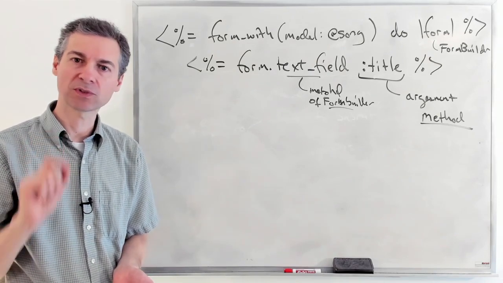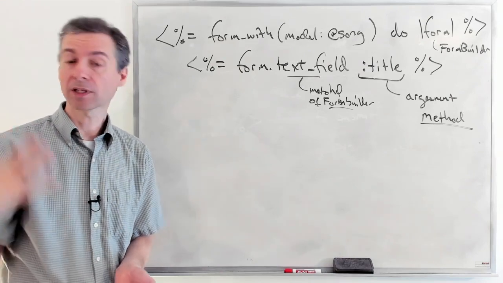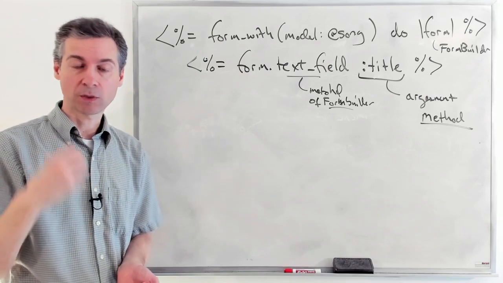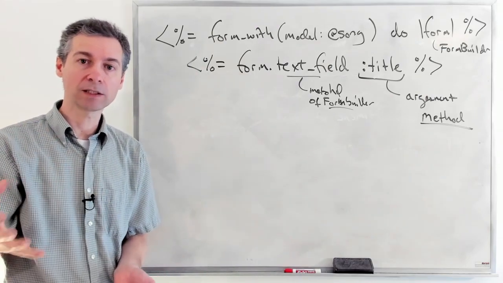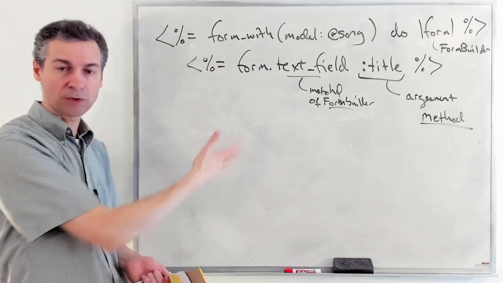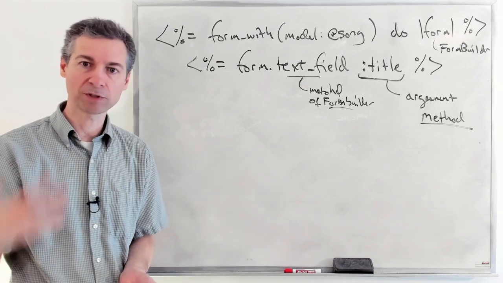If you do scaffolding in Rails, Rails will make use of partials because the code that we write for editing a model in a view is exactly the same code that we write for creating a new object of that model.